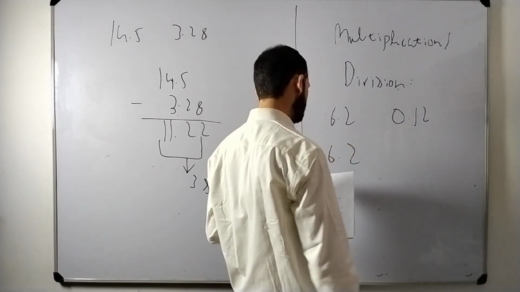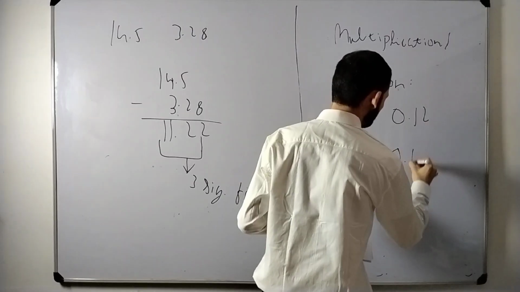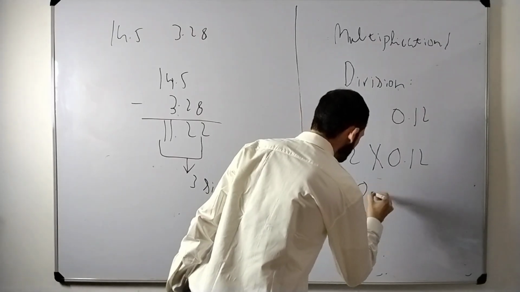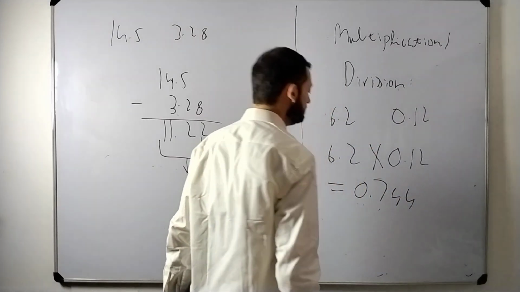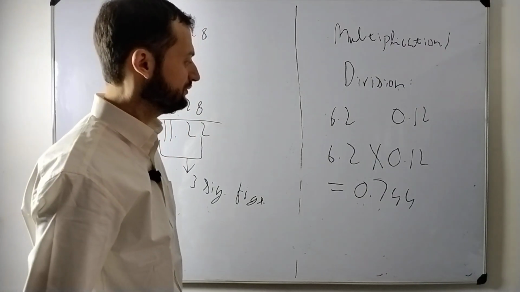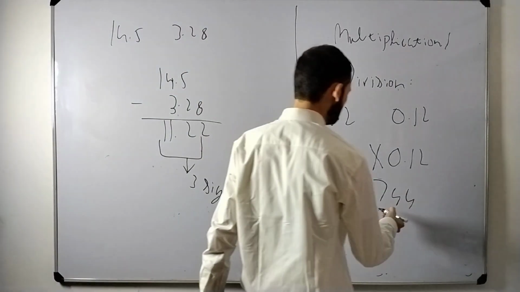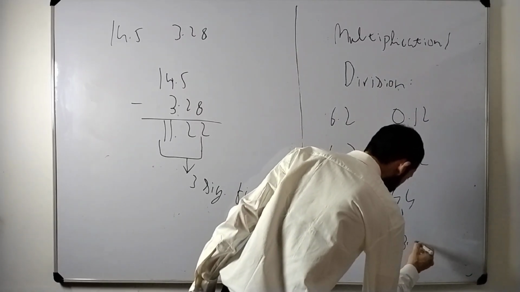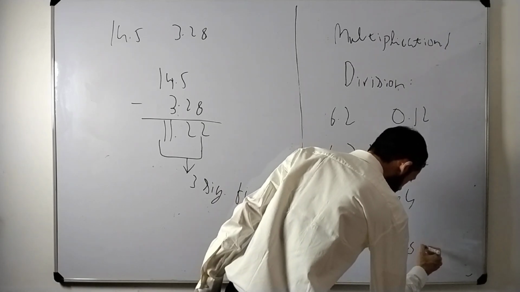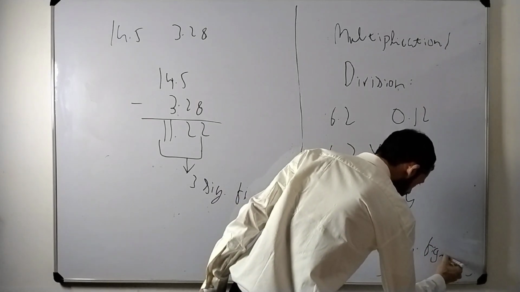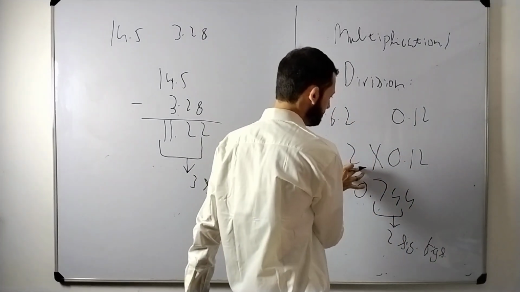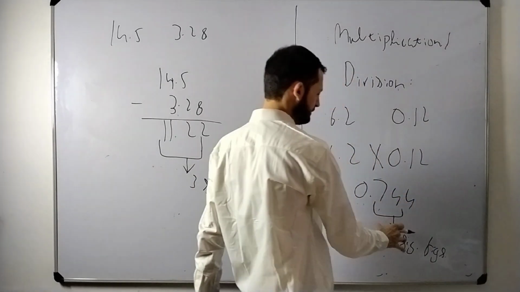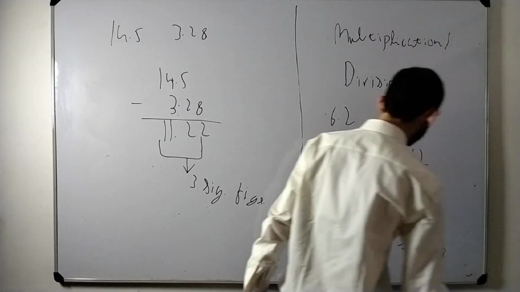So we don't know the word tough. 0.12. This becomes 0.744. What are the significant figures, students? So, of course, it is 74, two significant figures, 0.74. Again, the reason 6.2, because of 6.2, two significant figures here, two significant figures here. So, this becomes two significant figures.